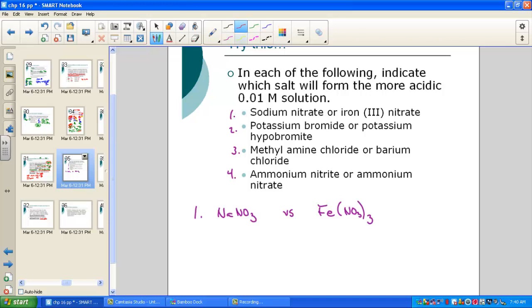Right off the bat, do you notice they have the same last name, nitrate? Its parent acid, HNO3, is strong. So the nitrate will have no effect on pH. I can cancel that out, because its parent is strong, HNO3 is one of the seven strong acids, no effect on pH. That leaves the only ones to consider now, sodium ion versus iron ion.